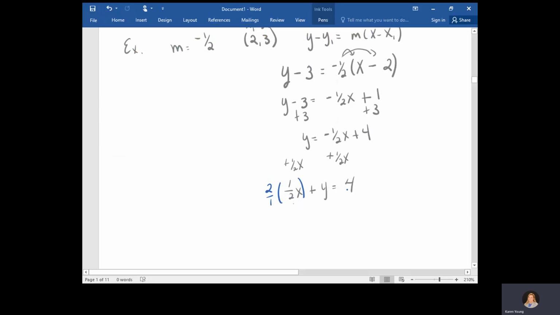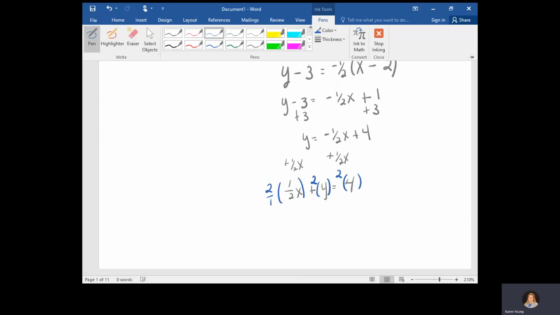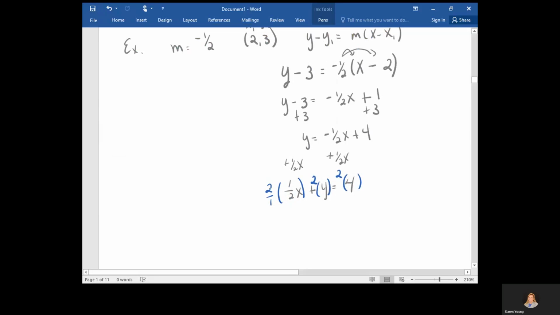If you have more than one fraction, you multiply by your greatest common factor or common denominator, but I only have one, so I'm multiplying by my denominator. I'm multiplying each term by 2. So the 2's cancel, leaving me with just x. 2 times y gives me 2y. 2 times 4 gives me 8. So there's my equation in standard form.